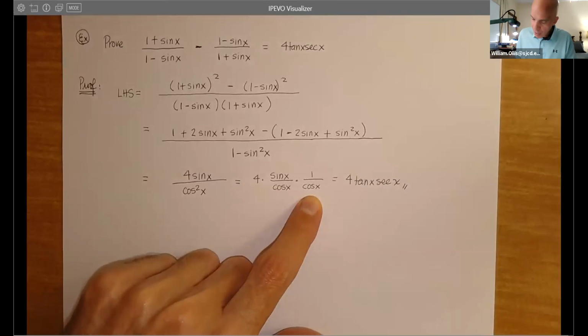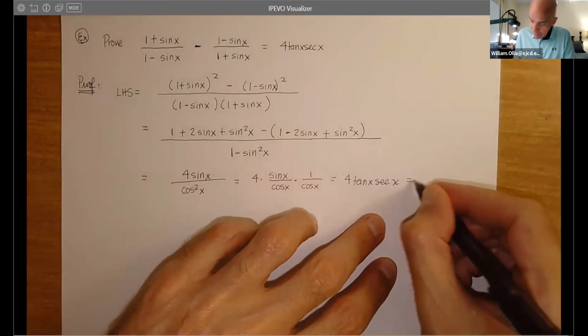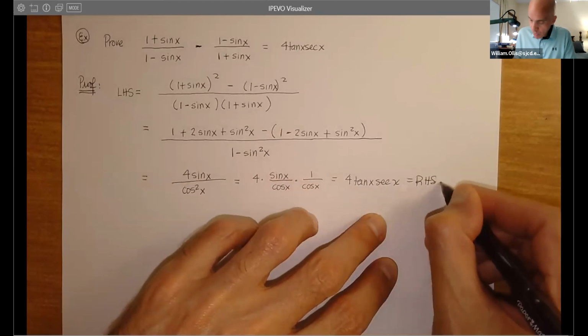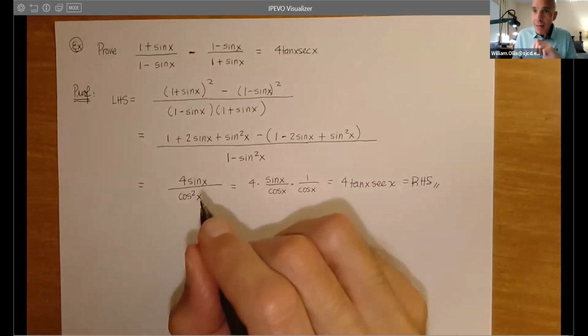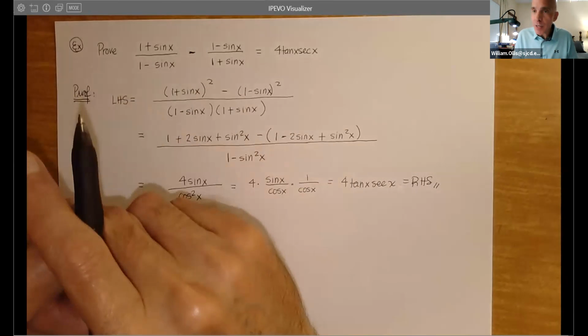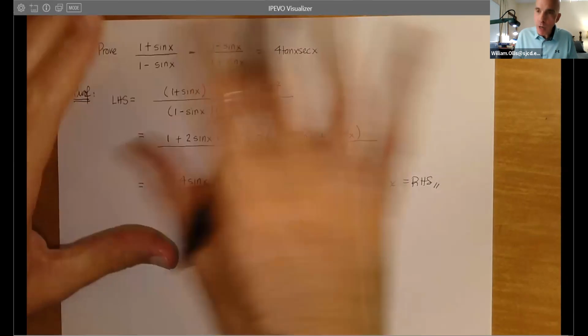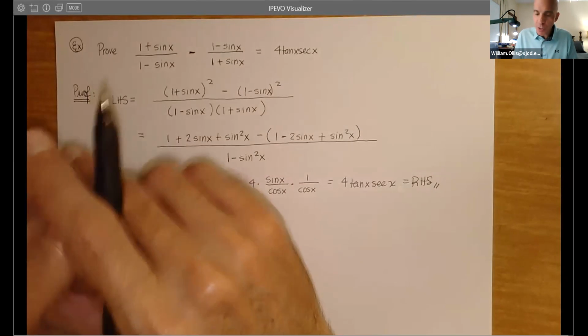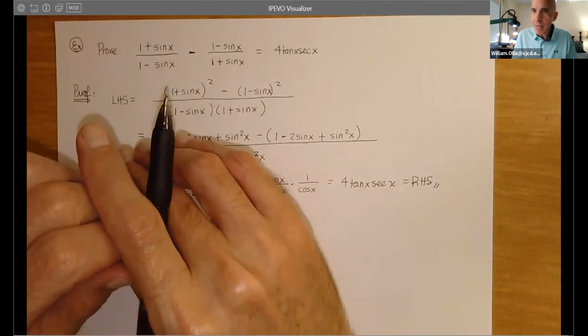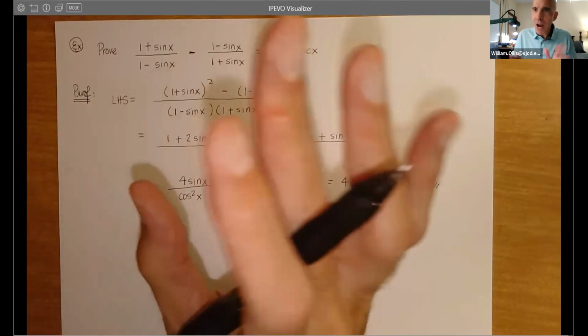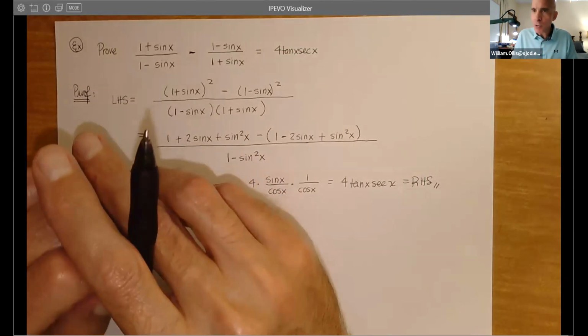Oh, sorry, that was a little bit too soon. This is the right-hand side, and we're done. So again, transform one side into the other, and by whatever legal means you can come up with. So this is not a unique process. This is really just practicing good academic exercises.